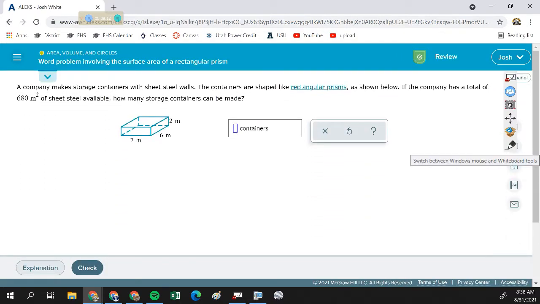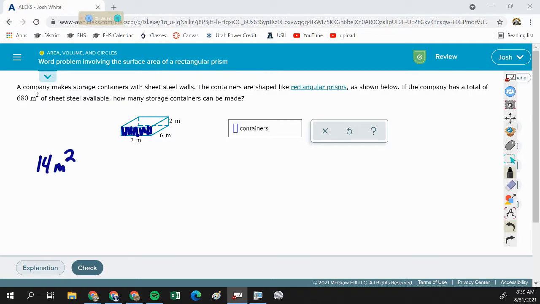All right. How do we find the surface area of a rectangular prism? Well, we find the surface area of this, which is going to be, so it's 7 meters long and 2 meters high, so that would be 14 meters squared.